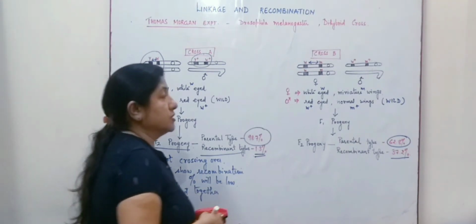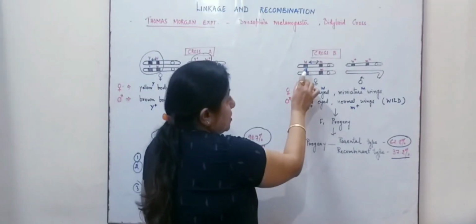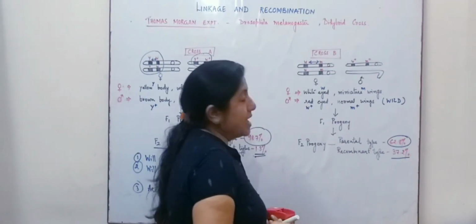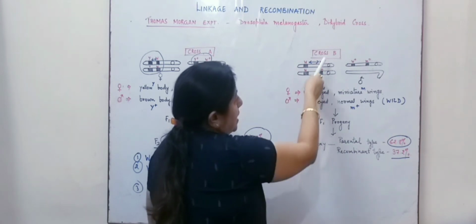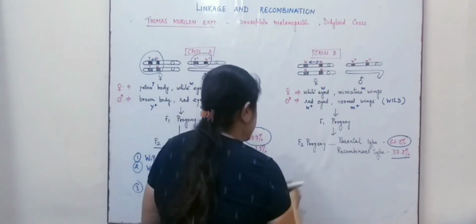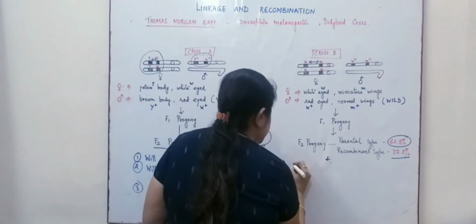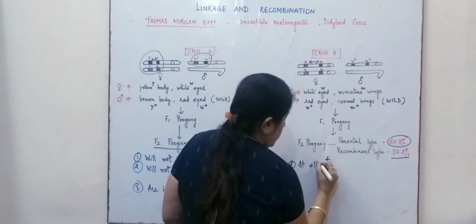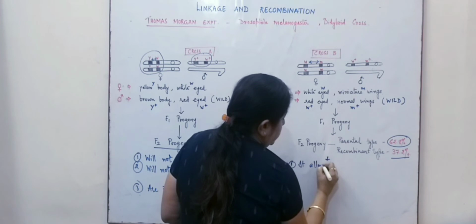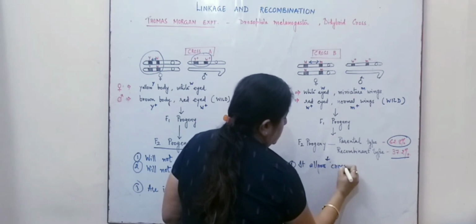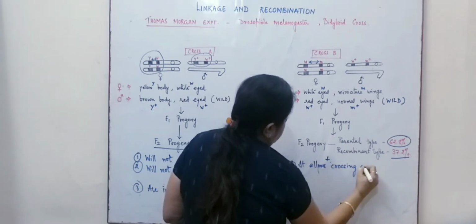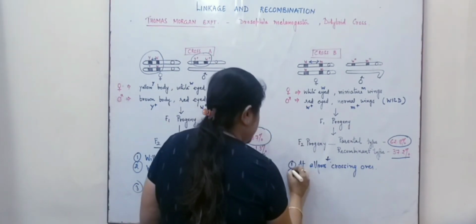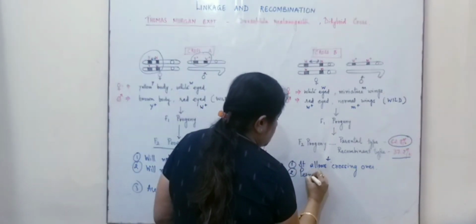When we come to cross B, you can see the distance between the two genes is more, and as a result it will allow crossing over. So in this case it allows crossing over, but sometimes and not always. Secondly, it permits recombination to a certain extent.